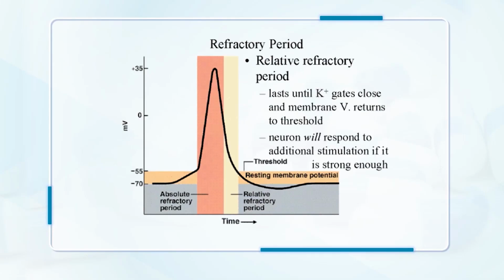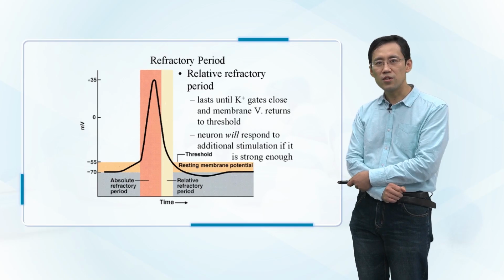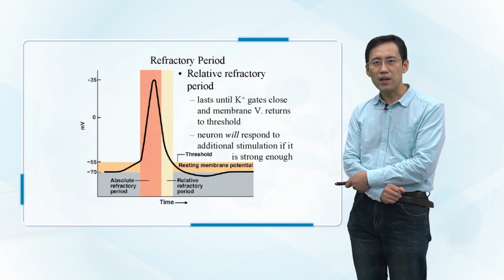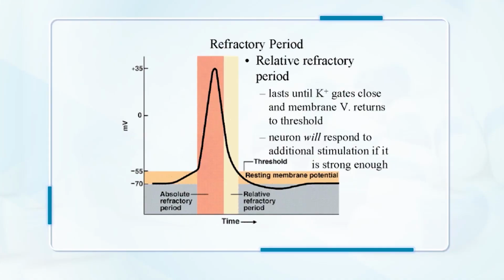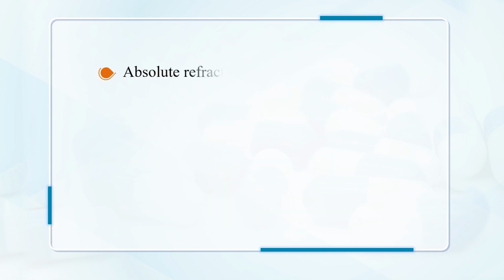And there is also the relative refractory period. It lasts until the potassium gate closes and the membrane voltage returns to the threshold. The neuron will respond to additional stimulation if it is strong enough. That is the relative refractory period.